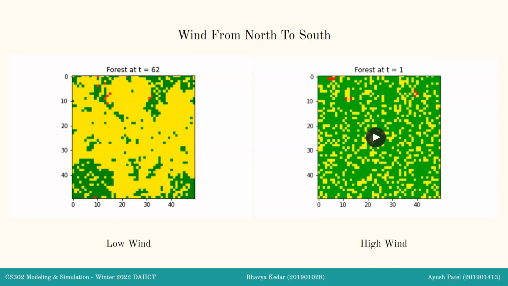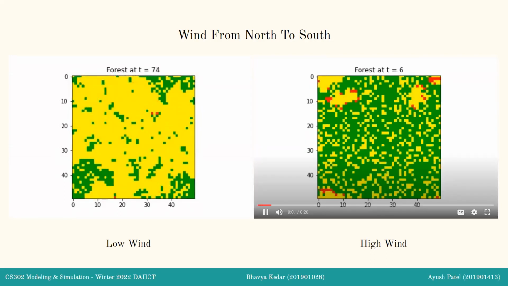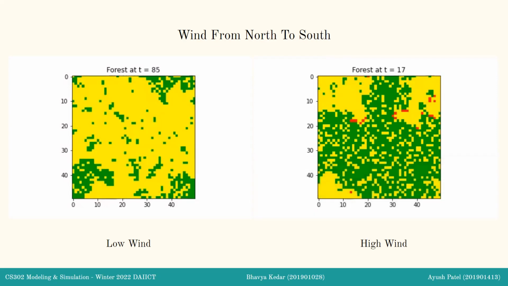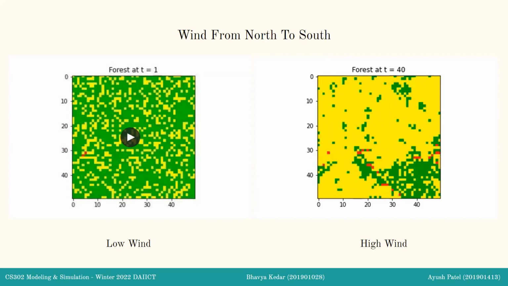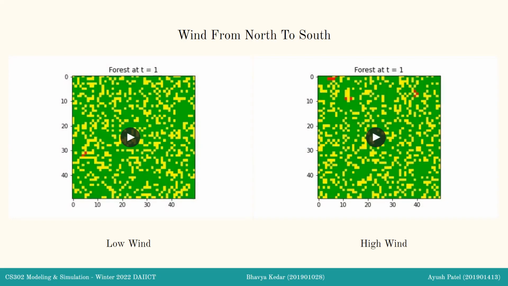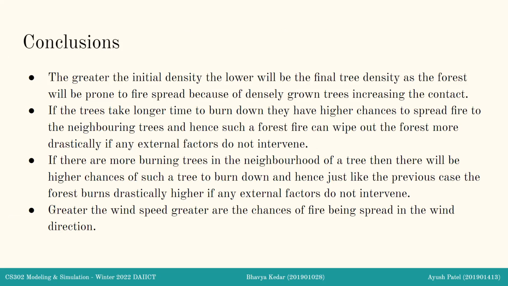And when we increase the wind speed, the spread of fire drastically increases, and the whole forest gets wiped out, and the flow and the spread of the fire is also from north to south. And this simulation can be run for various wind conditions and wind directions from east, from south, and from west.